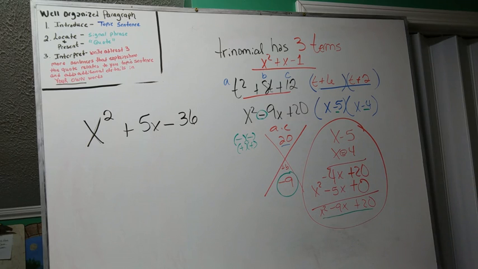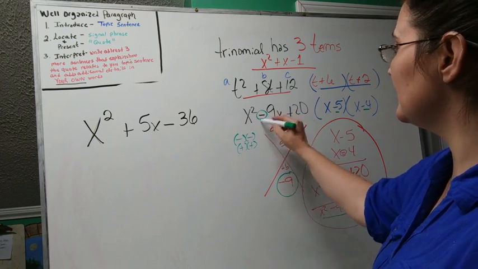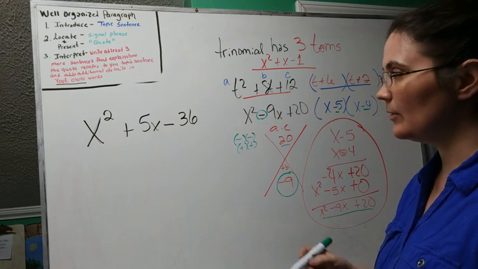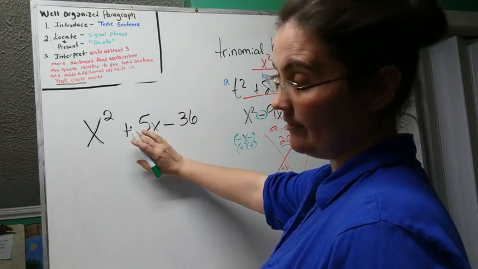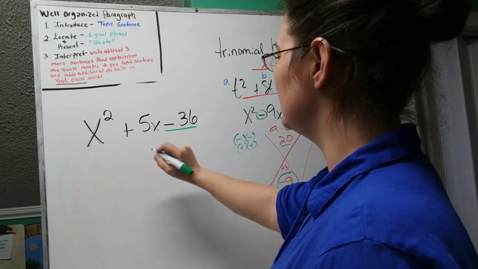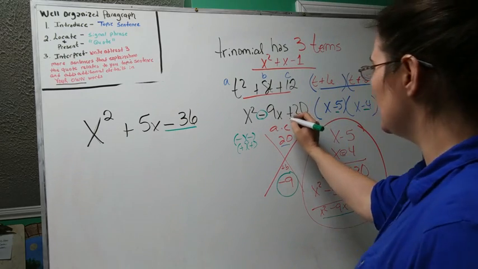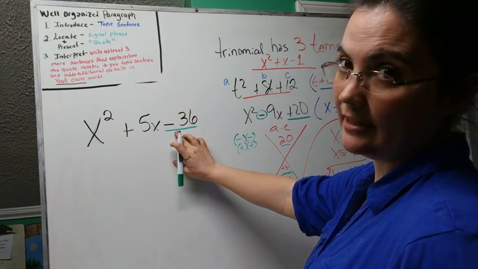But sometimes, and often, the positive and negative is going to be switched out. So here we have x squared plus 5x minus 36. So you see here, it's our constant that is changing. Here we had a positive constant, and here we have a negative.